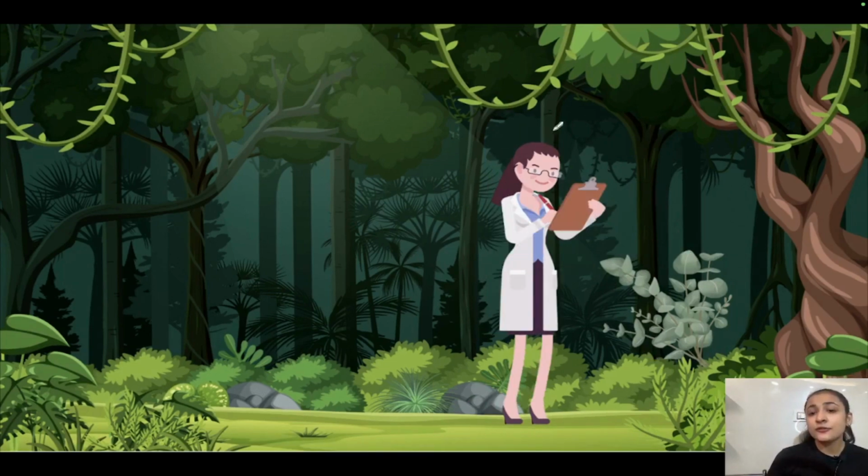She begins the first step, that is, she begins observing the plant and its characters. Whenever you come across something, you will first observe its characters, right?